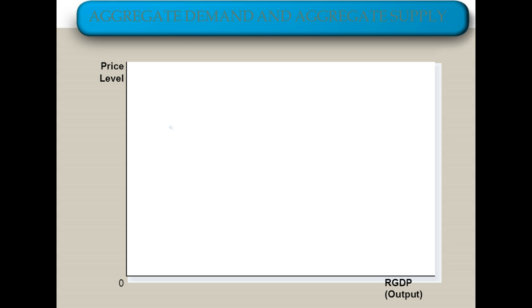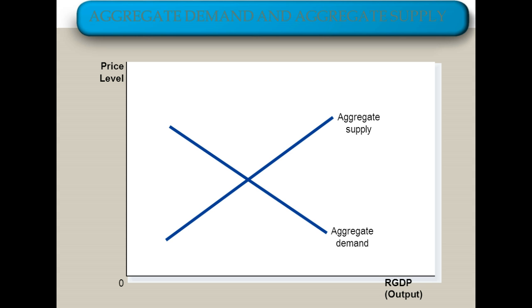All right, now let's take a quick look. Just like in a micro market, we have an aggregate demand curve, and we'll call it the aggregate demand curve because again, it's the sum parts of all the things that we demand in an economy. It is downward sloping, and we'll talk about why that is in just a second. We'll also note that we have an aggregate supply curve, and just as a quick note, it's actually called the short run aggregate supply curve.